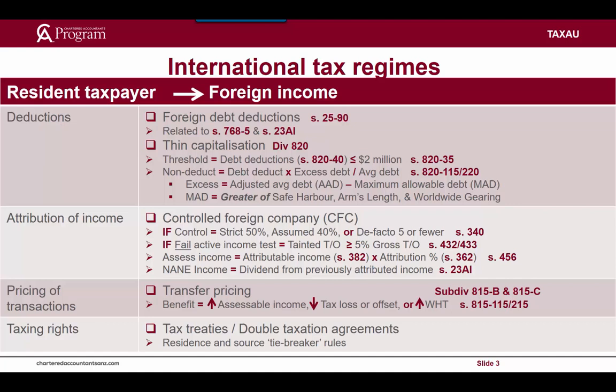And the most significant international tax rules that exist are the double taxation agreements that are negotiated between Australia and other foreign countries. These agreements allocate taxing rights between the jurisdictions and therefore contain what can be described as tiebreaker rules to minimise or mitigate double taxation.